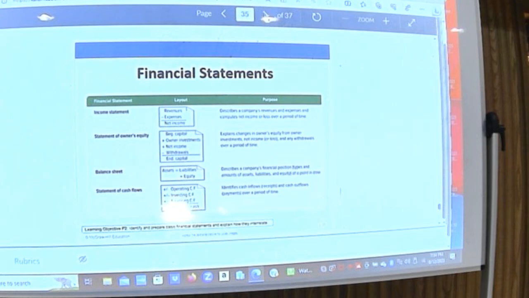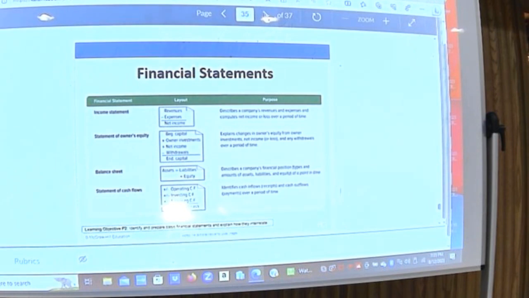We're looking at some financial statements now, and here are the 4 that we're going to talk about. There's the income statement. It just tells us the difference between revenue and expense. Hopefully our revenue is greater than expense, and then we have some income. If our expenses were greater than our revenue, then we'd be in trouble. We'd have a loss. Next one down, statement of owner's equity keeps track of the owner's investment in the business. Third one down, balance sheet, sort of a restatement of the accounting equation.